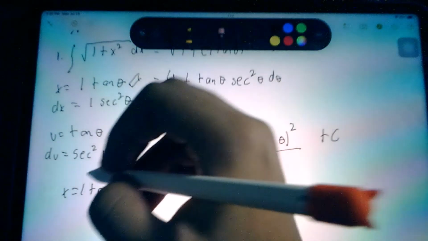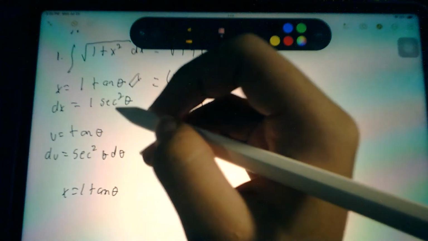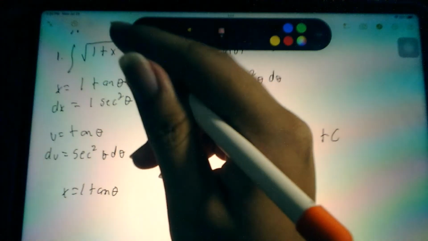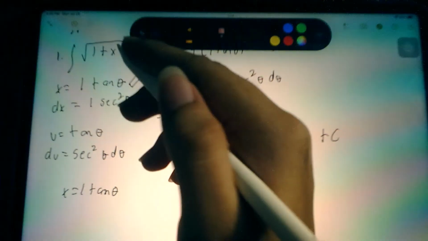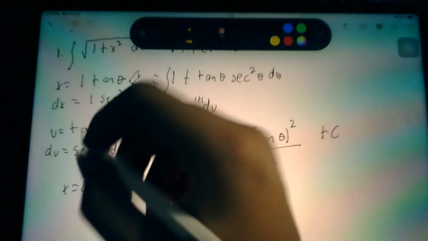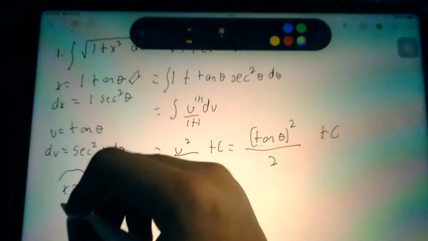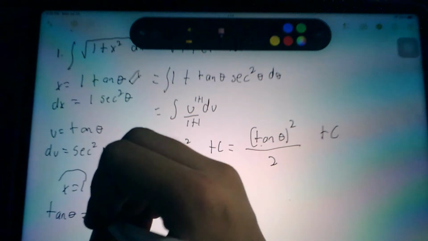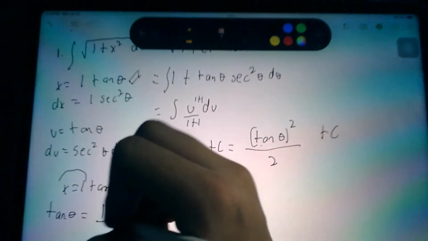If we transfer 1 here, this becomes tangent of theta equals 1 over x.